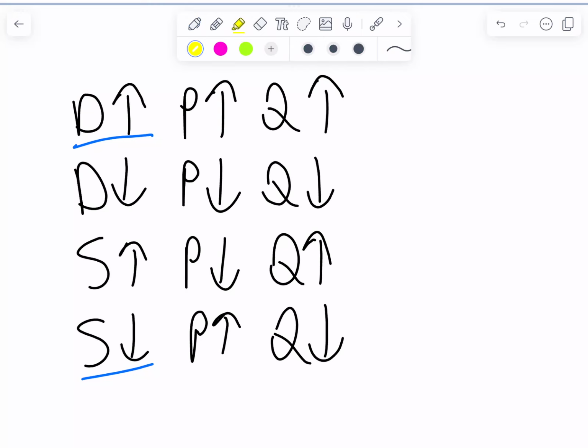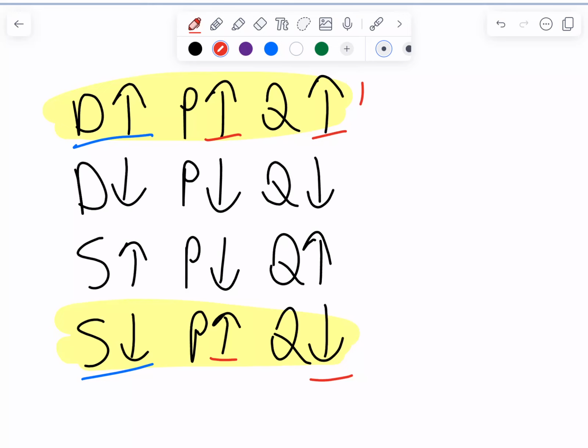So if we're only looking at these two, demand up, supply down, look at what happened to price. We have up and up. So no matter what, prices will go up, right? But quantity though, look at that, up and down. You don't know which one's greater. You don't know if there's more quantity demanded or less quantity supplied, or if they are the same, right?